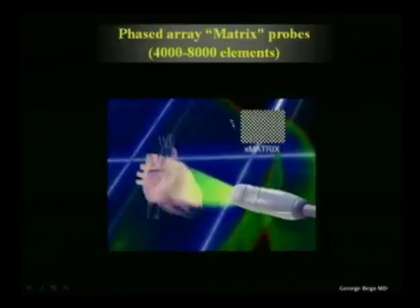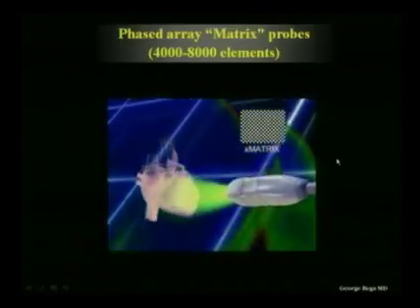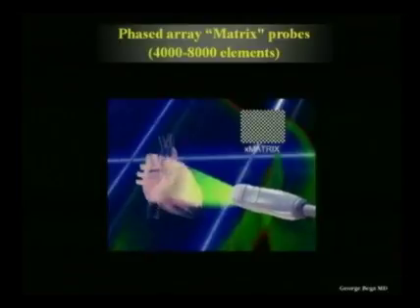With a matrix probe, we would acquire volumes with probes that have a very high number of transducer elements. As we speak, they go anywhere from 2,000, 4,000 to 8,000 elements soon. This is a way to acquire volumes without mechanically sweeping the transducer elements.